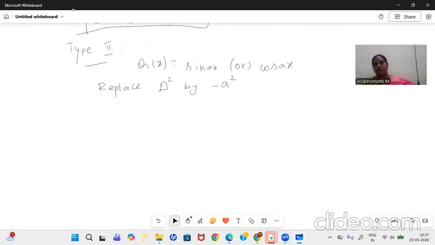Okay. So you have to replace only d square by minus a square. So we'll take the problem. First problem, solve d square plus 4 of y is equal to cos 2x. Okay. So cos 2x.